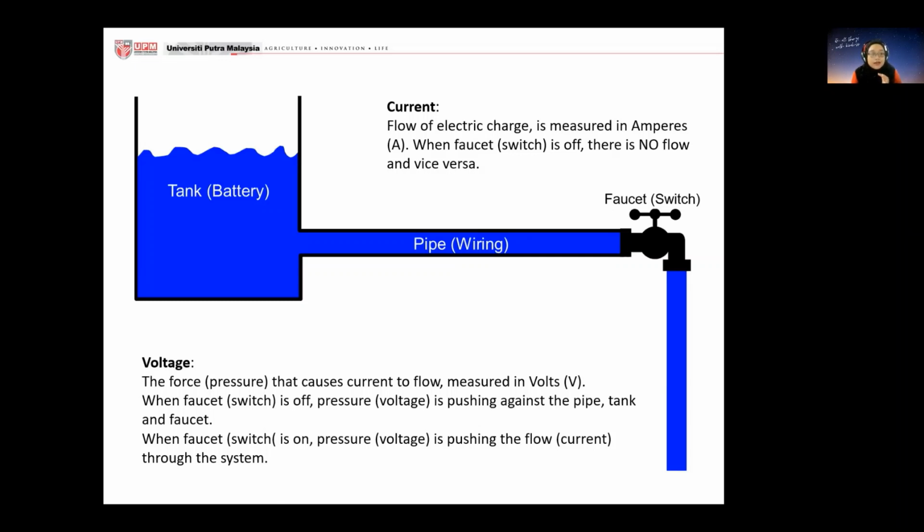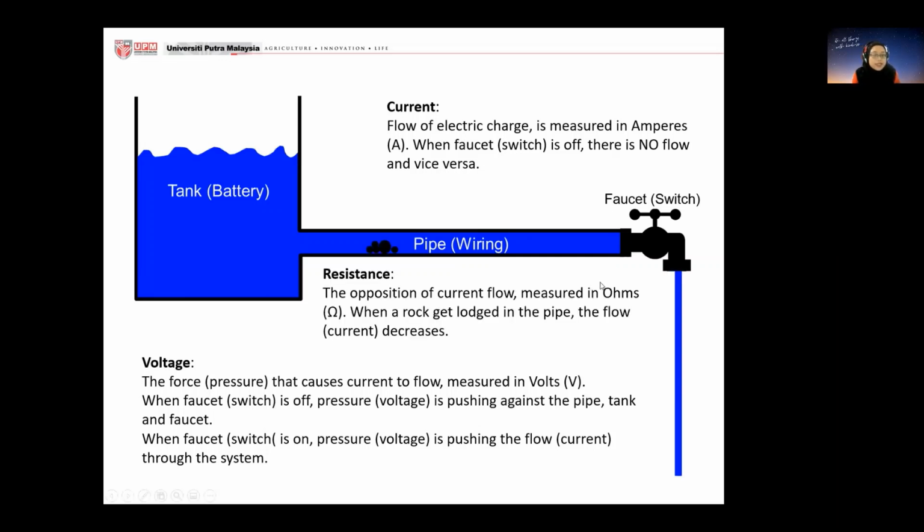In this situation, it's the electrons. So when you turn the switch off, there's no flow, meaning there is no current. That's why, thinking back on the circuit, when you switch it off you're not going to have electricity, because electrons are not moving through a complete circuit.